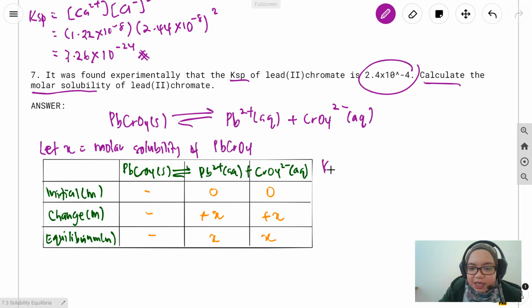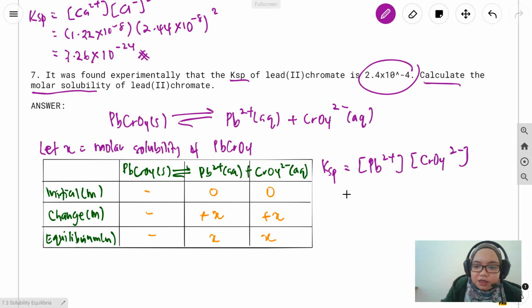Okay, so once you have this, you know Ksp is equal to the concentration of Pb2+ times the concentration of chromate ion. So you know that the Ksp here is 2.4 times 10 to the power of negative 4 equals X times X. Right? So 2.4 times 10 negative 4 is equal to X squared.